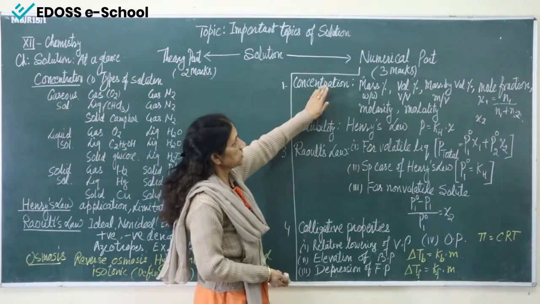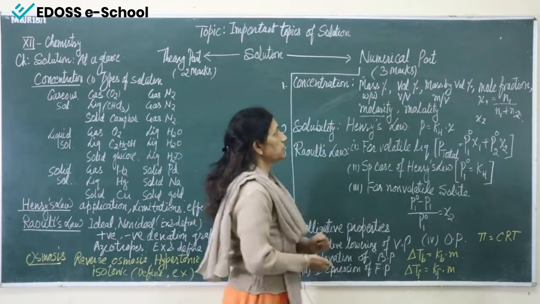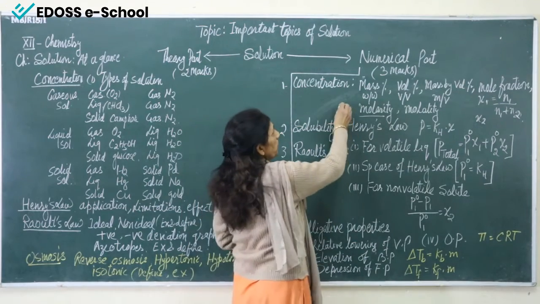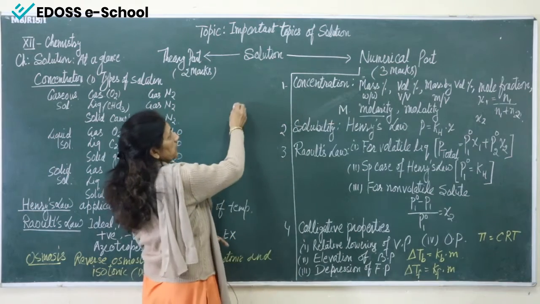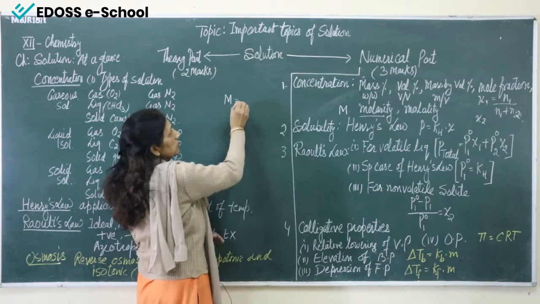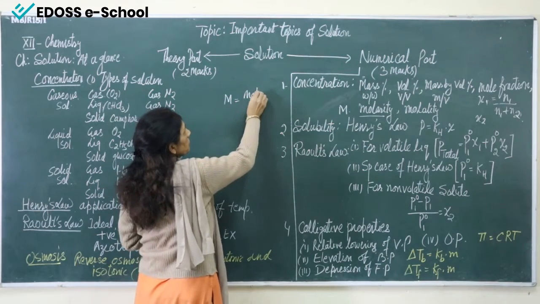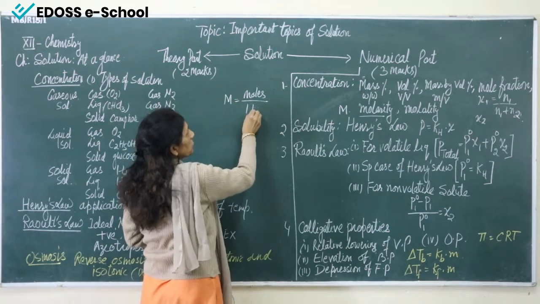And next concentration is molarity. We can find the concentration in the form of molarity also, which is represented by capital M. So what is molarity? Number of moles in 1 liter solution.